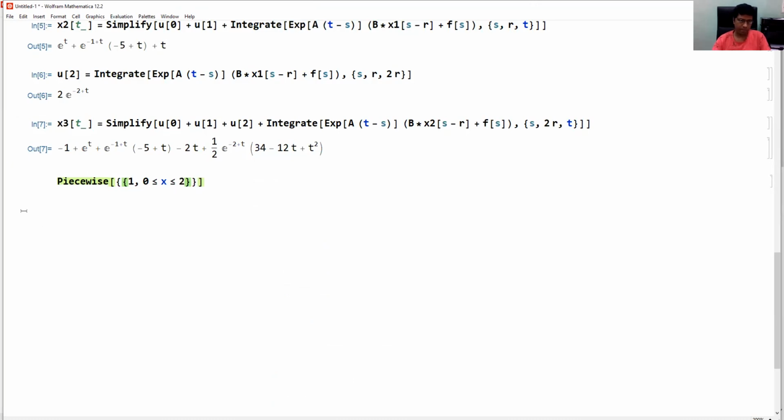Let us see whether it is 1 on this interval 0 to 2 and otherwise 0.